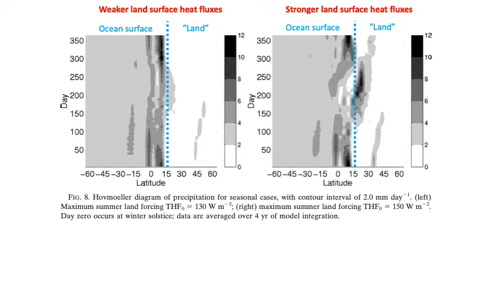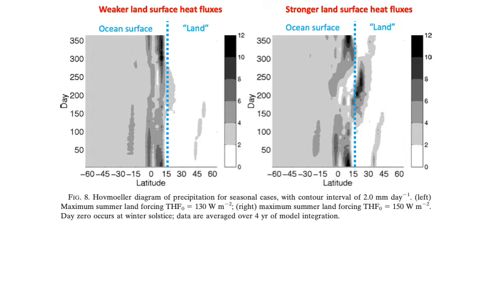There's ocean south of about 16 degrees north, and then land, in quotes, north of it. They represent land by enhancing the surface heat fluxes over the land. And keep in mind they apply mean sea surface temperatures that also vary, stronger at lower latitudes and decreasing going to higher latitudes.